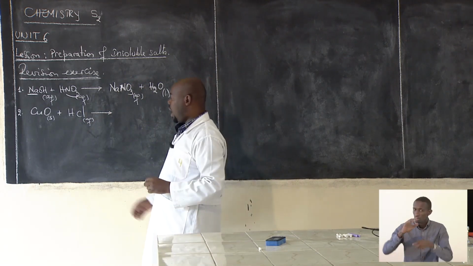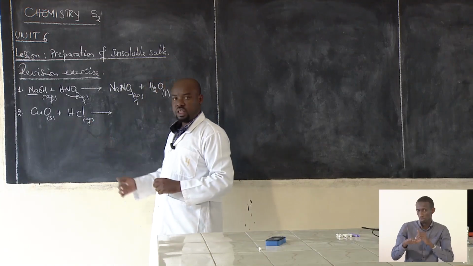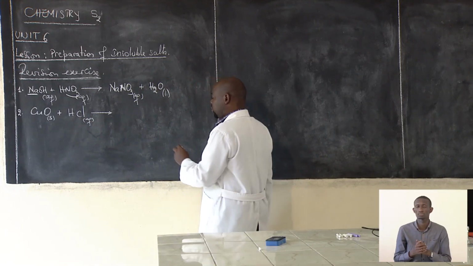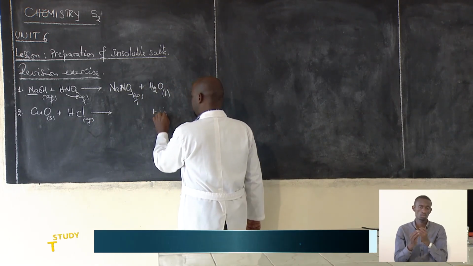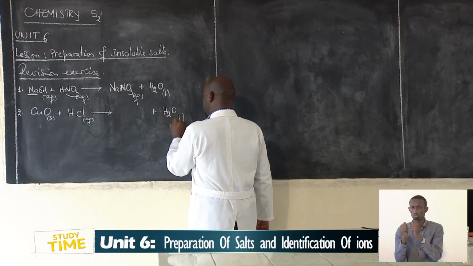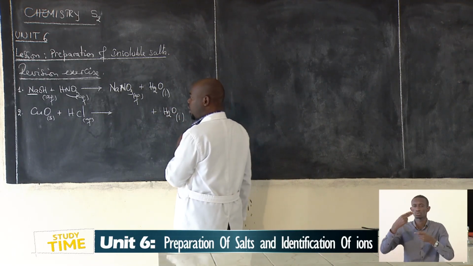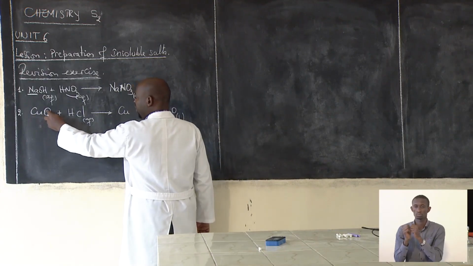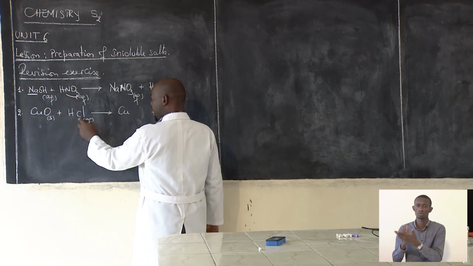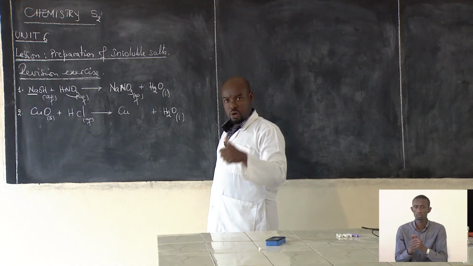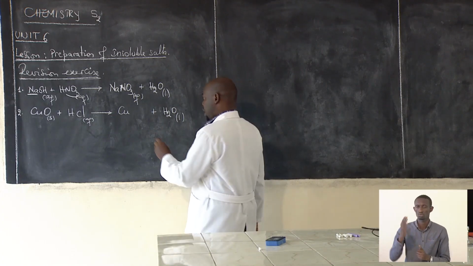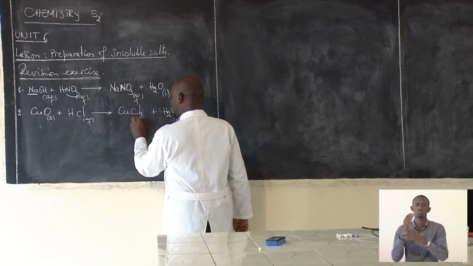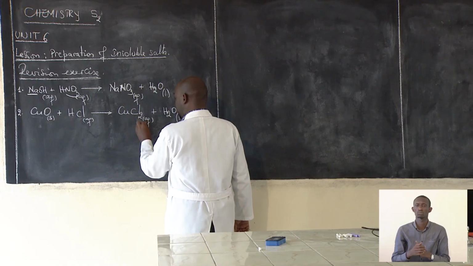We have a basic oxide reacting with an acid, so we produce a salt and water. So one of the products is water, and the other one is a salt, and the salt will be the positive part of the basic substance combined with the negative part of the acid, and then we produce copper chloride, which is soluble in water.